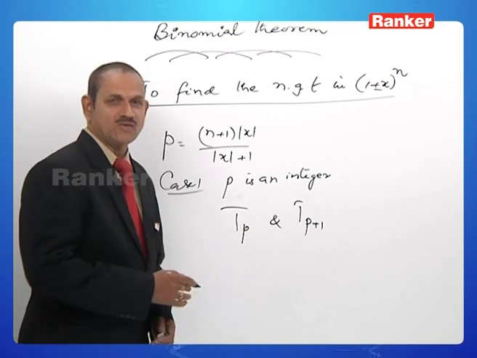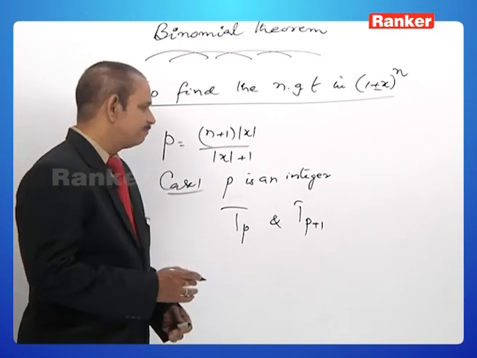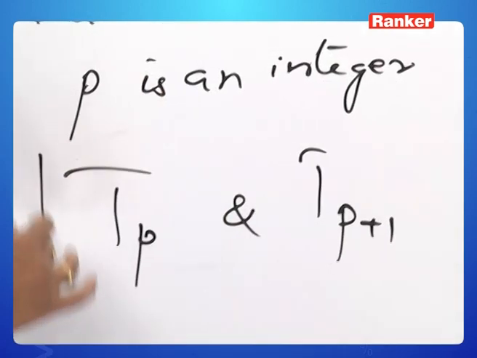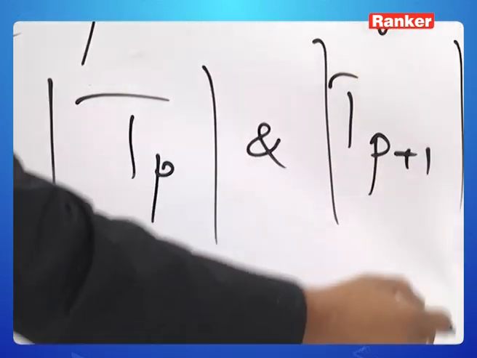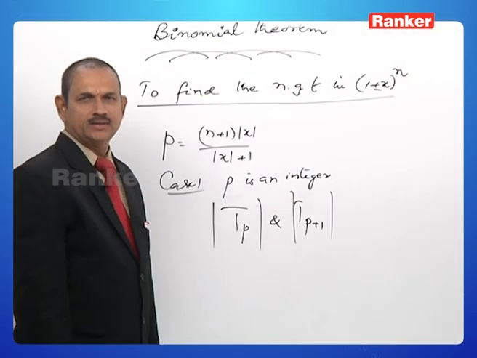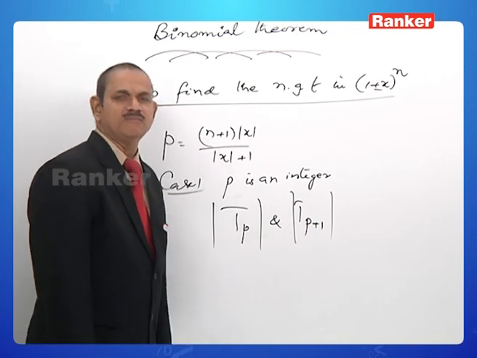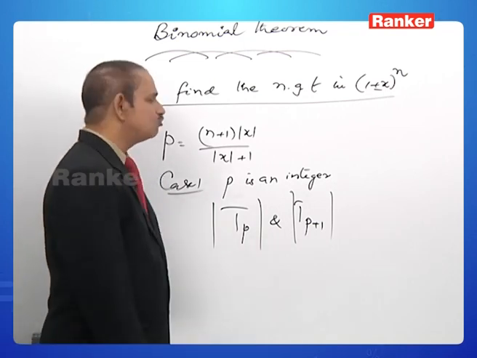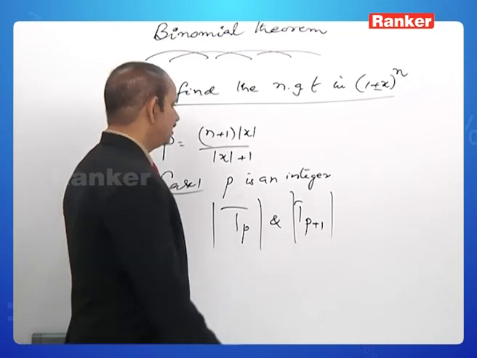Of course, they will be equivalent. As we are interested in the numerical value only, we write mod Tp and mod Tp+1 are the two numerically greatest terms.